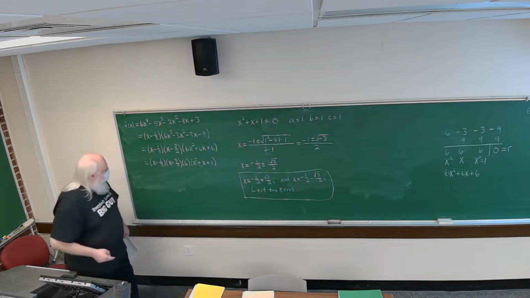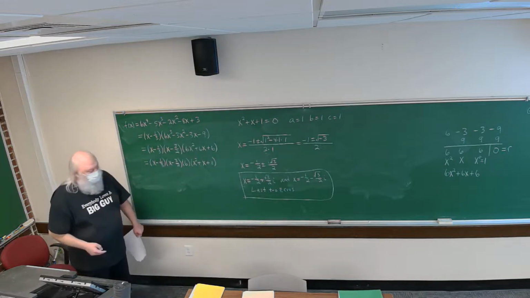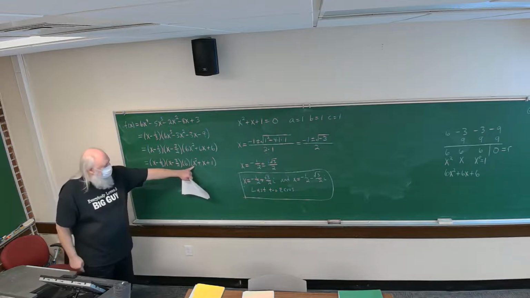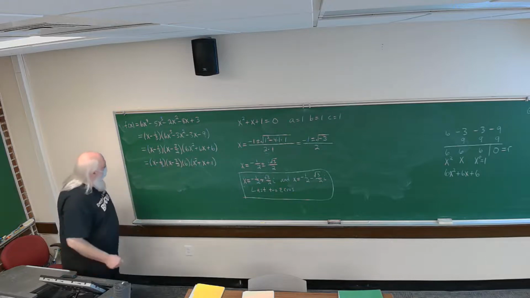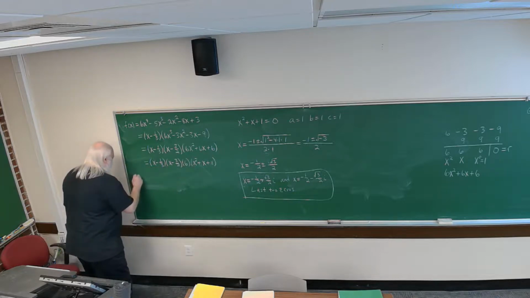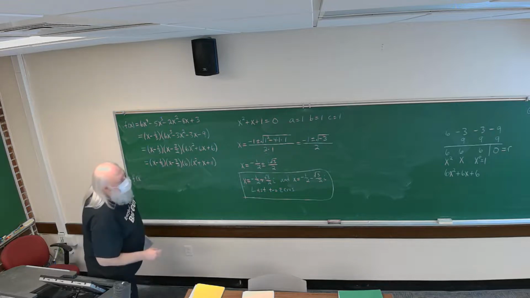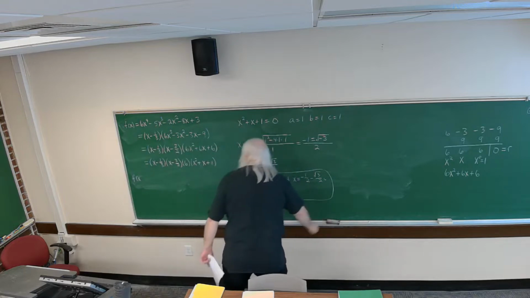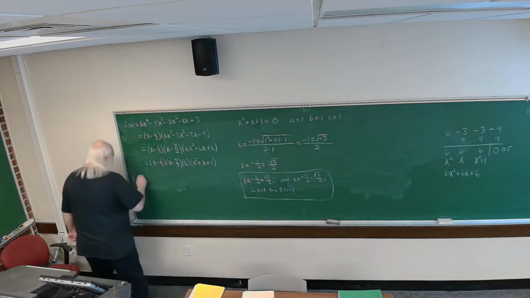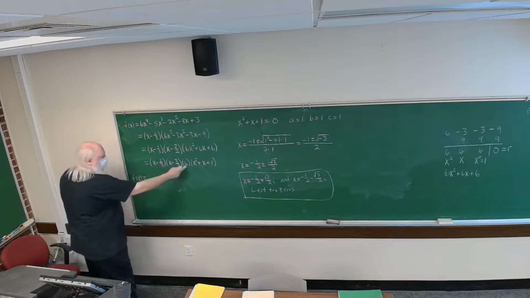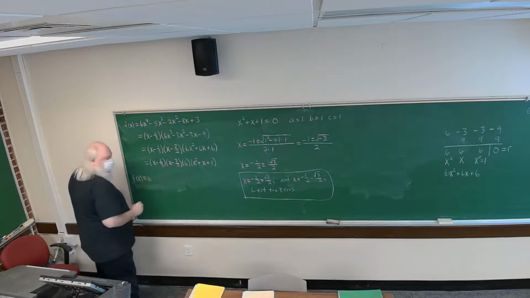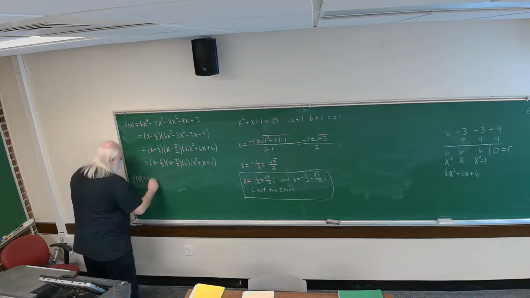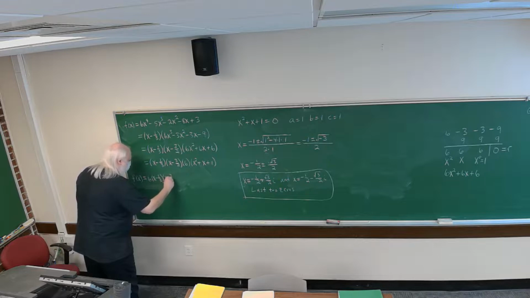Well, we got to write out the complete factorization, right? This quadratic is a product of two factors. So f of x is equal to, I'm going to pull this 6 up front, that's our leading coefficient, times x minus 1/3 times x minus 3/2.